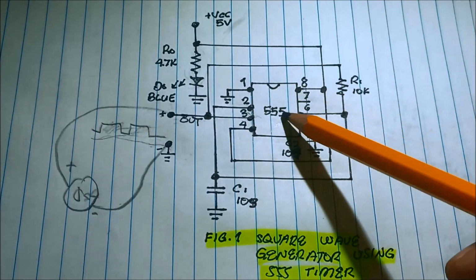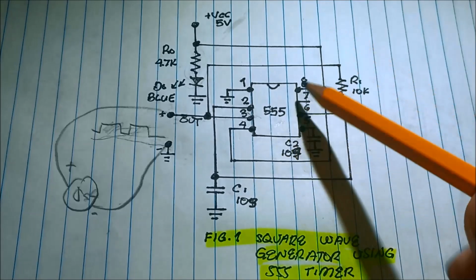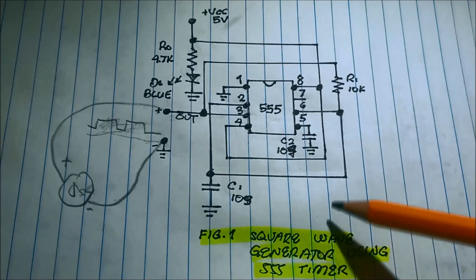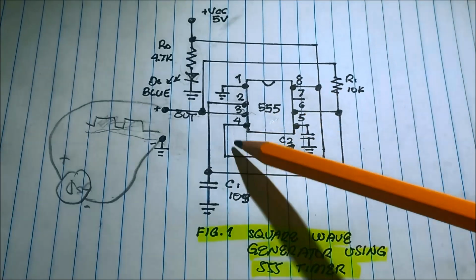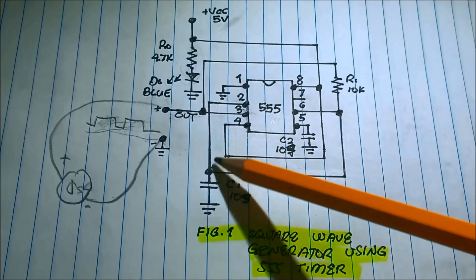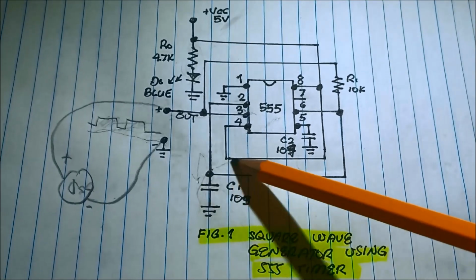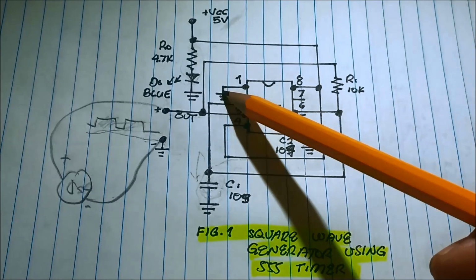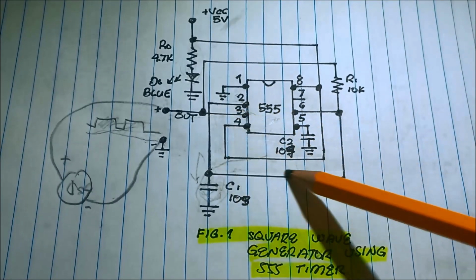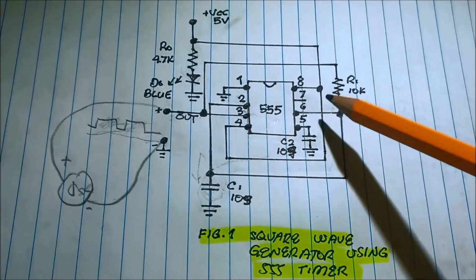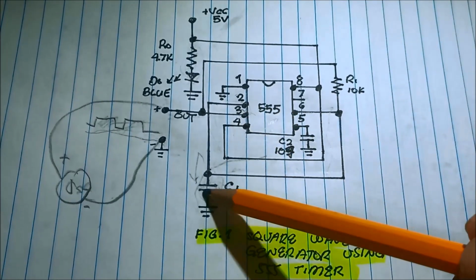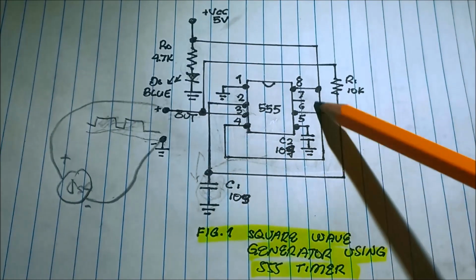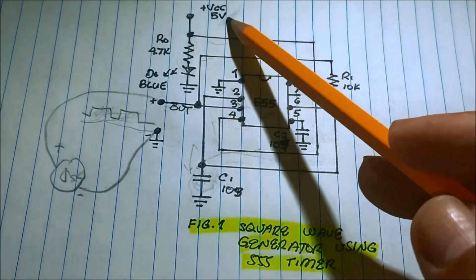So this 555 is configured as an oscillator or square wave generator because of the charging and discharging of the capacitor. You can see here pin number 1 is grounded, pin number 2 connected to pin number 6, and then the capacitor. Pin number 3 is the output, pin number 4 is the reset connected to the positive 5 volts.